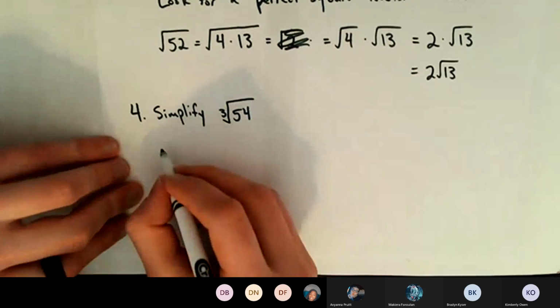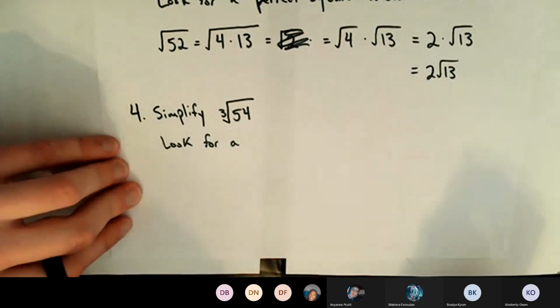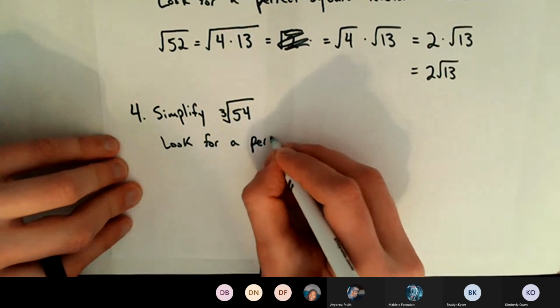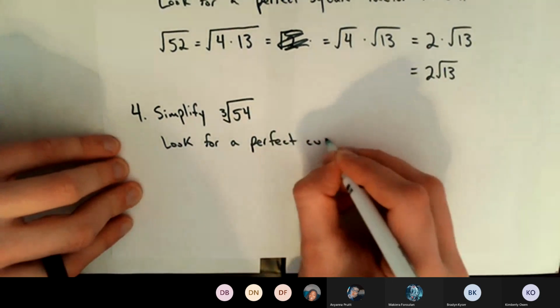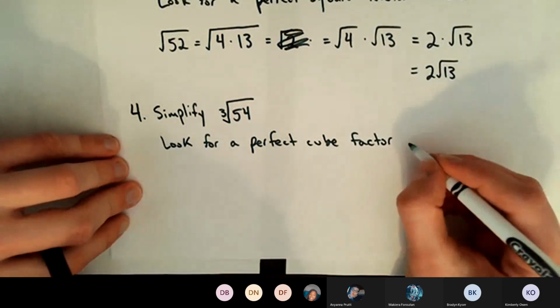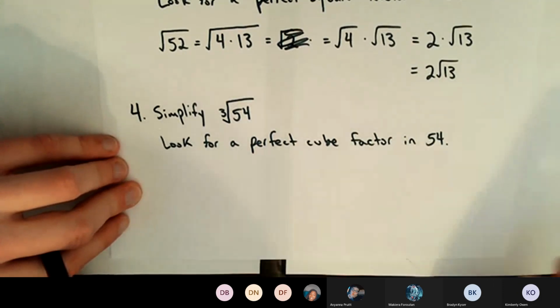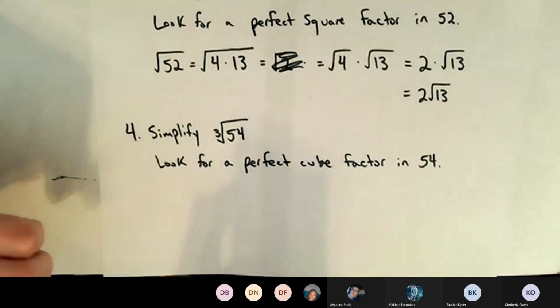So this time you're going to look for not a perfect square factor, but a perfect cube factor. So remember those lists of squares and cubes I gave at the very beginning of our first lecture. Those are going to come in handy now.